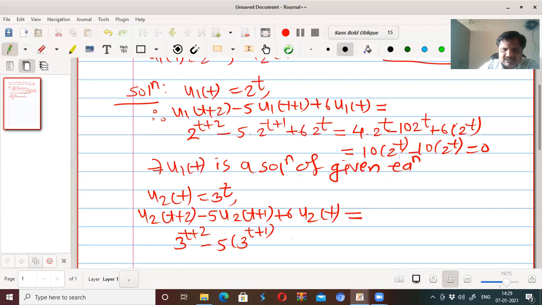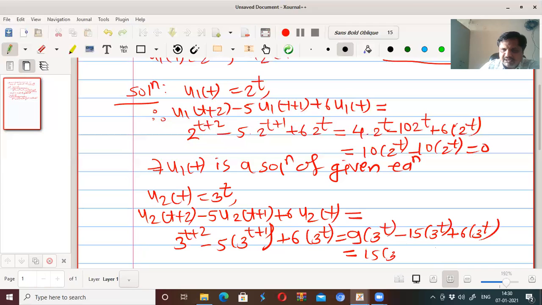And plus 6 times 3 to the power t equal to. Now 3 to the power t plus 2 means 3 square into 3 to the power t, that is 9 into 3 to the power t, minus 5 times 3, 15 into 3 to the power t, and plus 6 into 3 to the power t, which is equal to 9 plus 6, 15 times 3 to the power t minus 15 times 3 to the power t equal to 0.